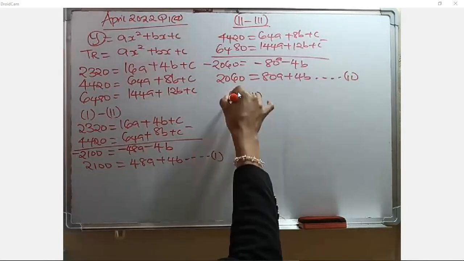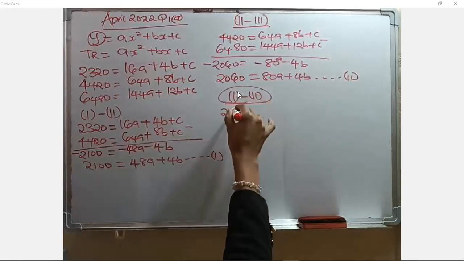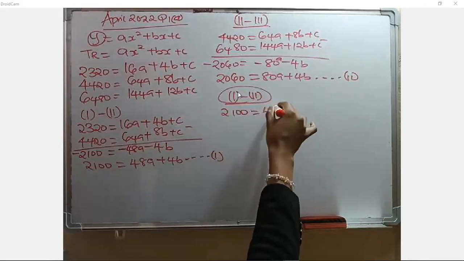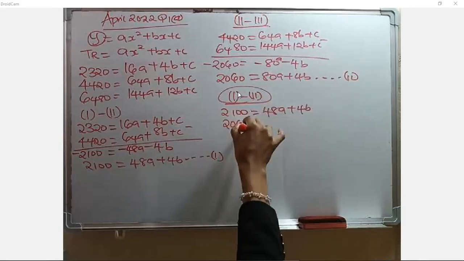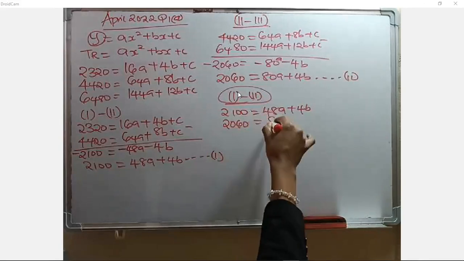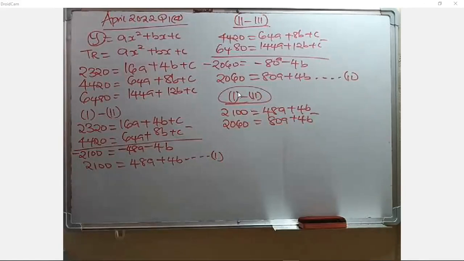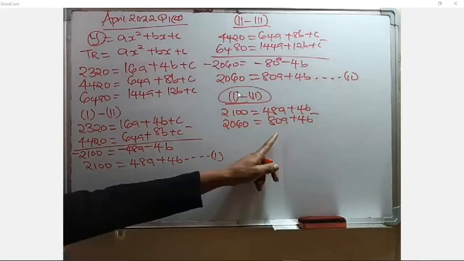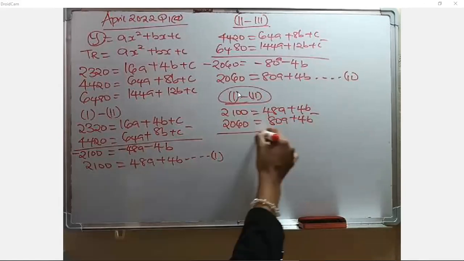Equation 1 is 2100 equals 48a plus 4b. Equation 2 is 2060 equals 80a plus 4b. The b is the same, so eliminate your b.